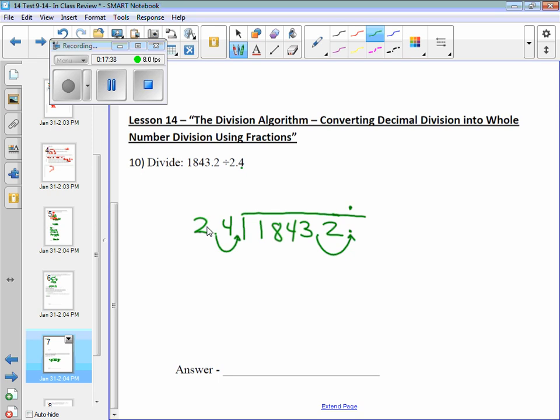And then it's 24 into 1, can't go into 18, but it does go into 184 7 times. When you do that, you're going to get 168. Notice how I line this up. Take away the two numbers, you get 16.